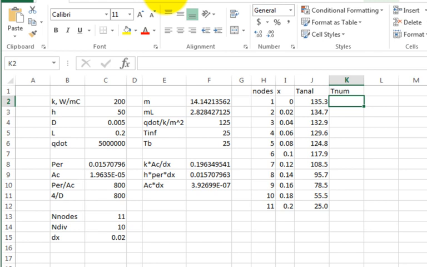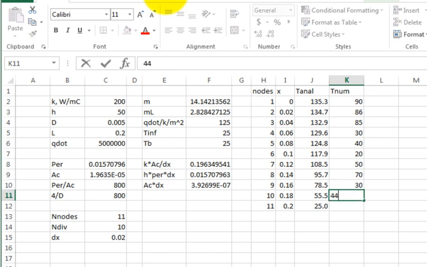Let's say we guess it's 90. And then I'm going to guess, oh, it's 86. You just have to populate it, and it doesn't have to be a very good guess either. You said it doesn't have to be a good guess, Professor. You know, here's some garbage. Garbage in, garbage out. But we better satisfy the boundary condition.